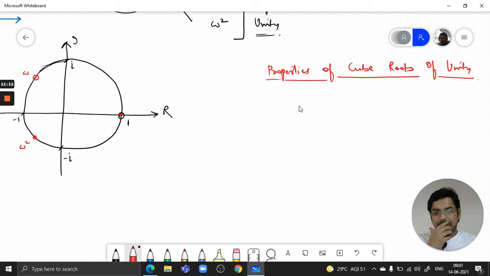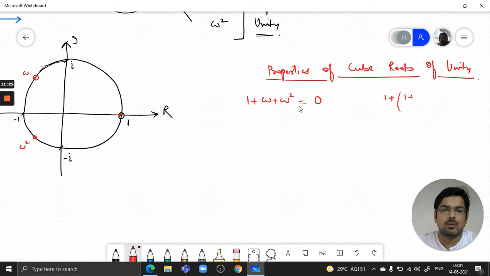Properties of cube roots of unity says, if we add all the 3 roots, we'll get 0. You can try and do that. 1 plus (-1 plus root 3 iota)/2 plus (-1 minus root 3 iota)/2.